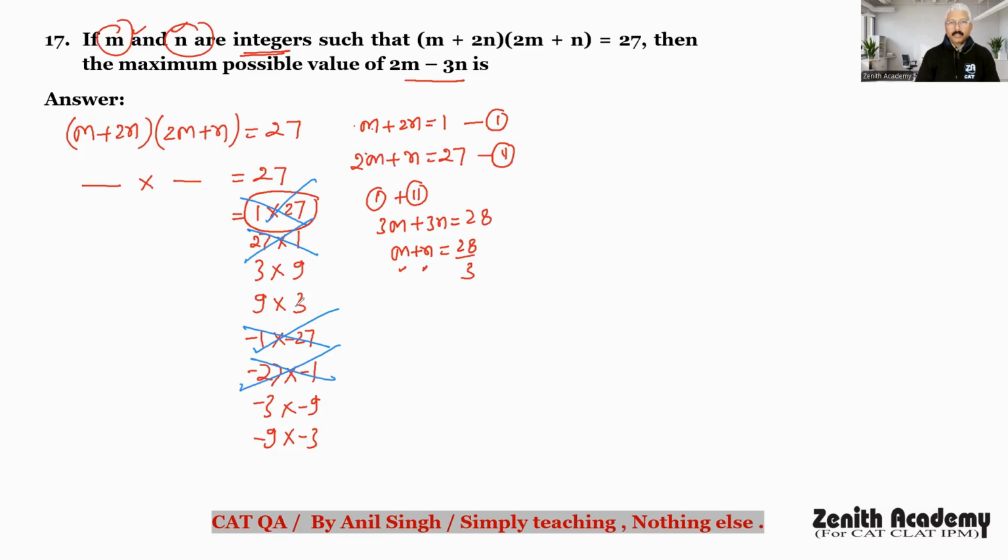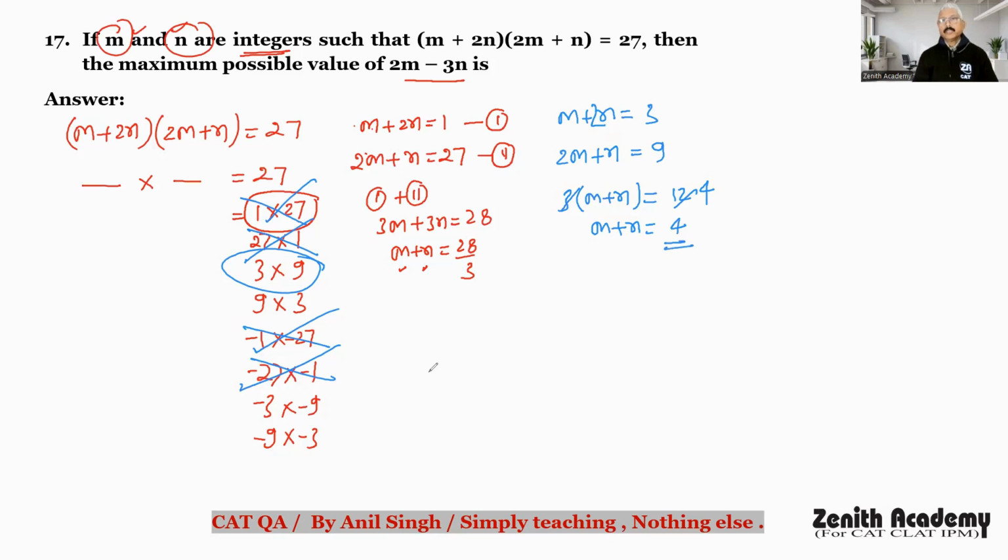Then 3 and 9. If I take m plus 2n equal to 3 and 2m plus n equal to 9, then adding, we get 3m plus 3n is 3 plus 9, 12, so m plus n is 4.